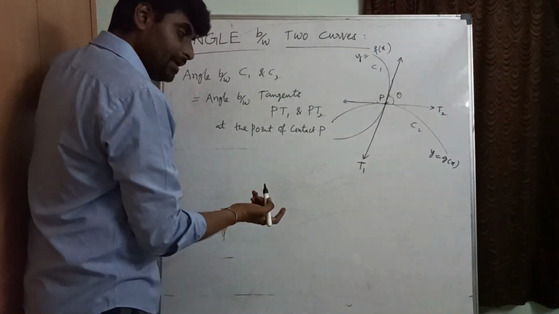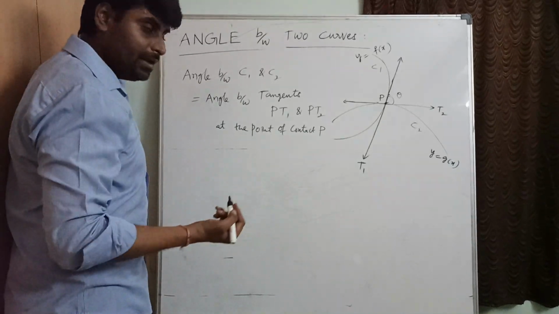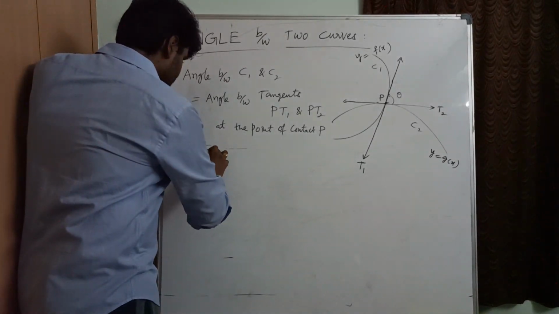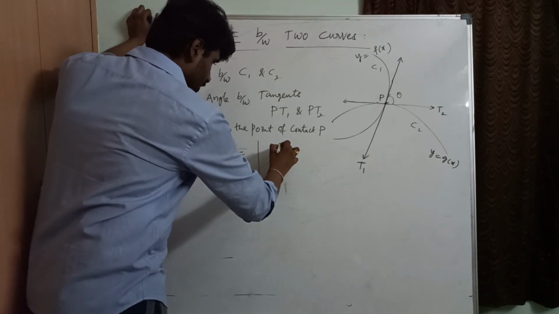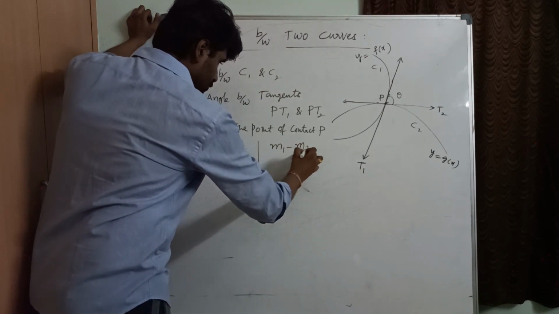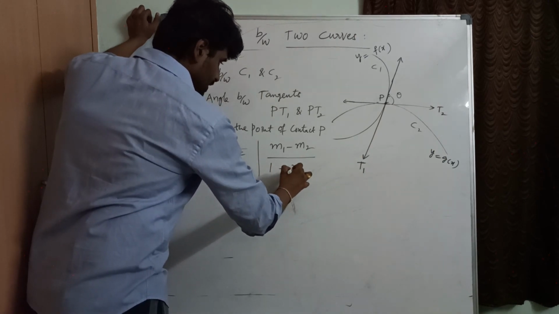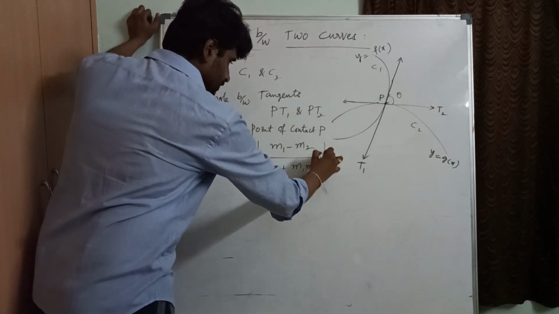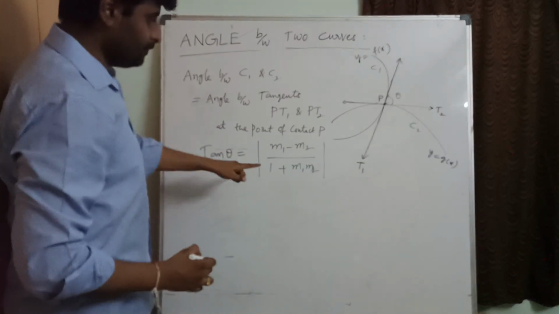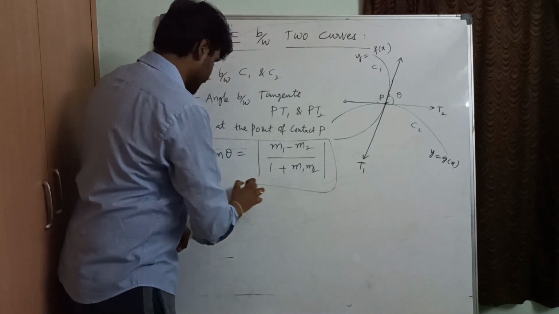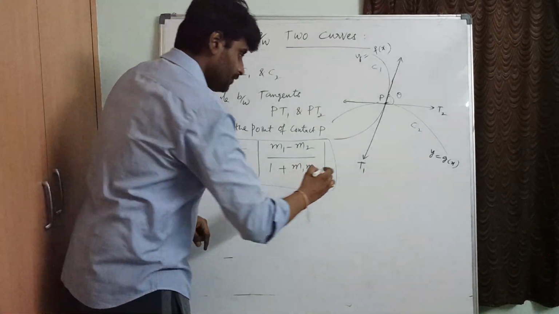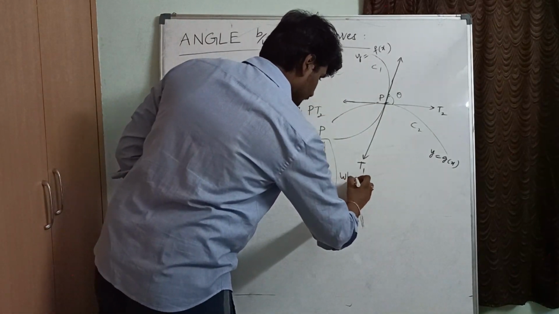After getting M1 and M2, we find the angle between two tangents using this formula: tan theta equals modulus of M1 minus M2 by 1 plus M1 M2. Clear? So this is the formula for the angle between two curves.